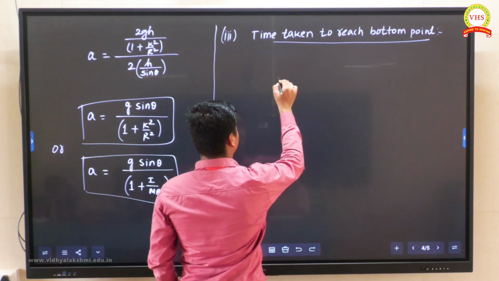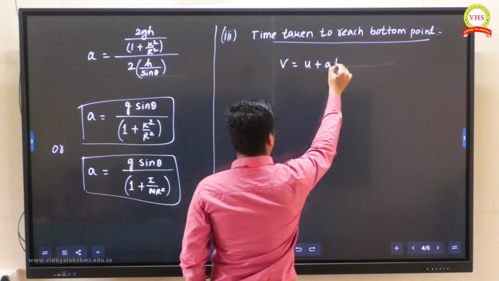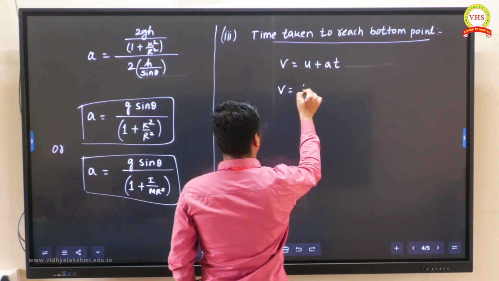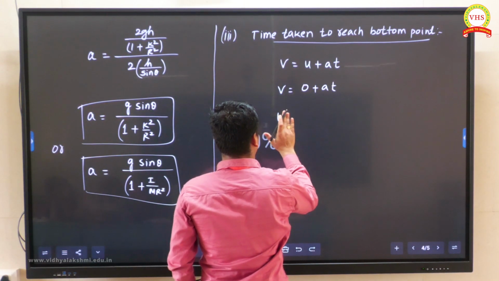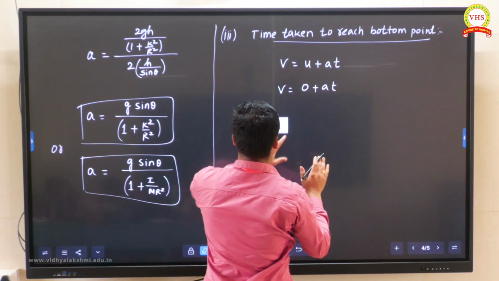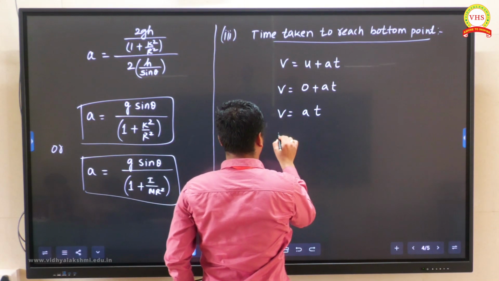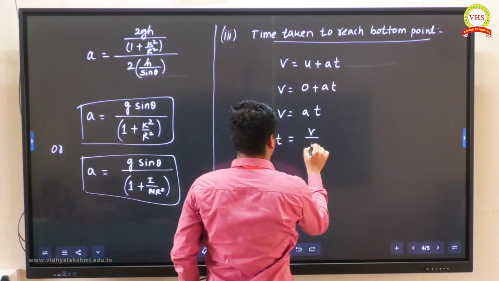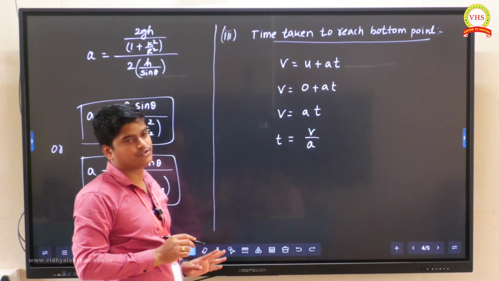So what is the time? Now apply this equation, v equal to u plus at. Now v equal to u, 0, plus at. Now if I want to find t here, so t will be how much? t will be v by a. Already v you know and a also you know. Now substitute everything.